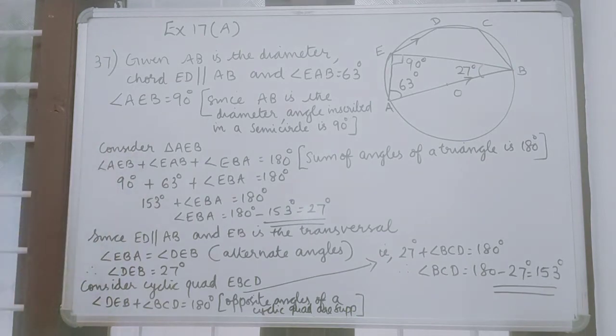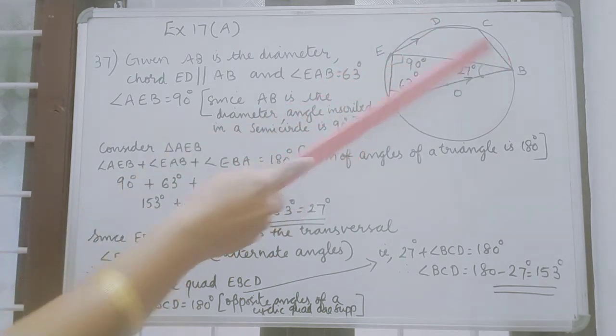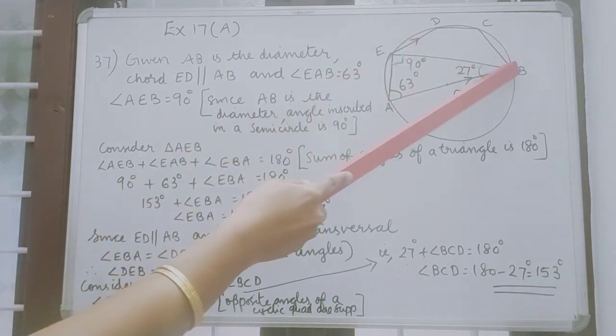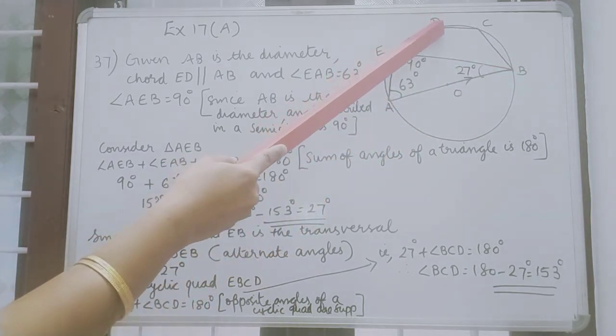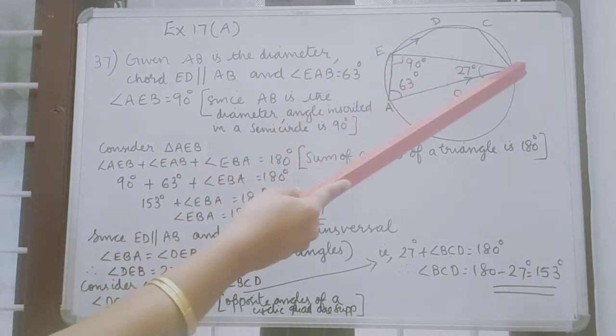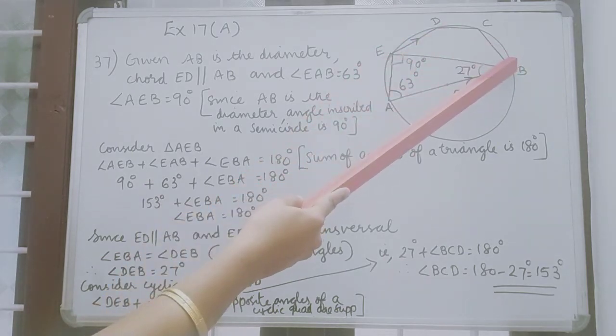Also given in the question, ED is parallel to AB and EB is the transversal. Once again, chord ED is parallel to the diameter AB and EB is the transversal.